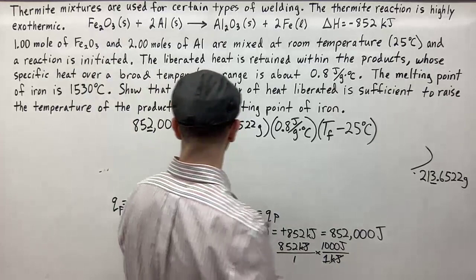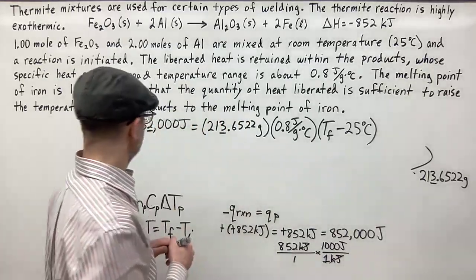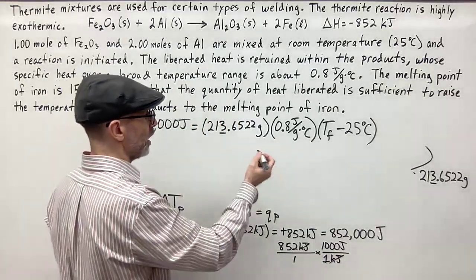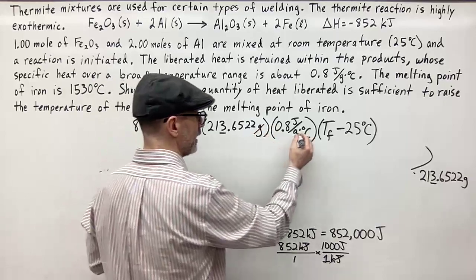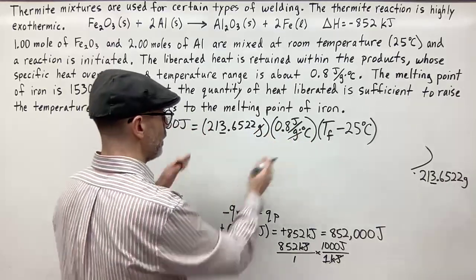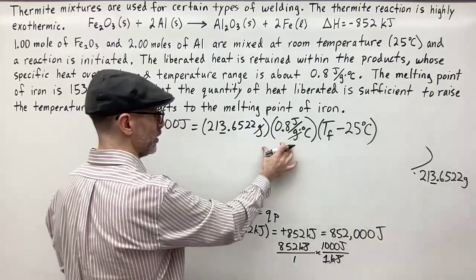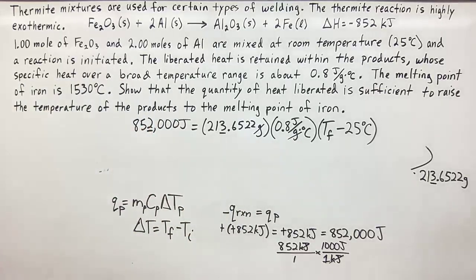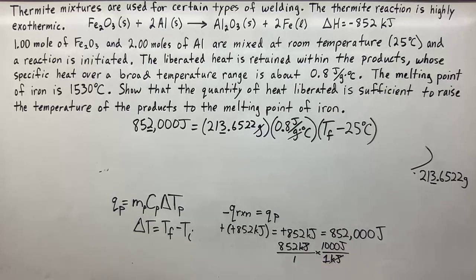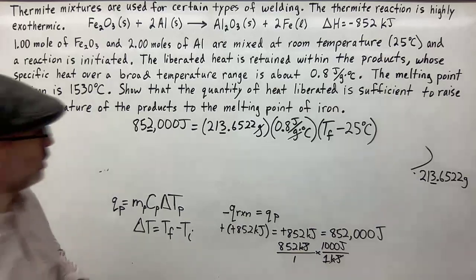That is correct. Okay, so now that I have this set up, the grams here are going to cancel out. So then I'm going to multiply these two together. When I multiply those together, I get 179.22.